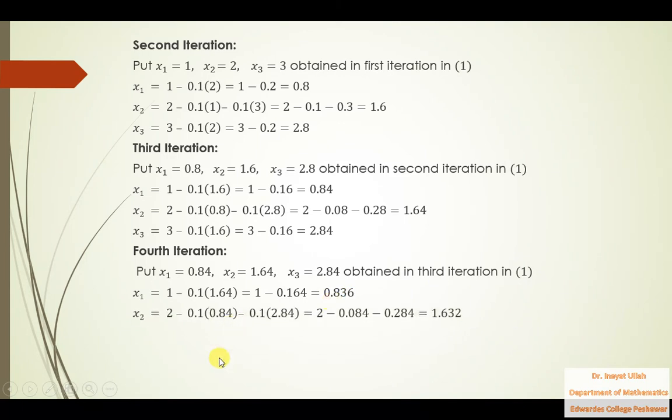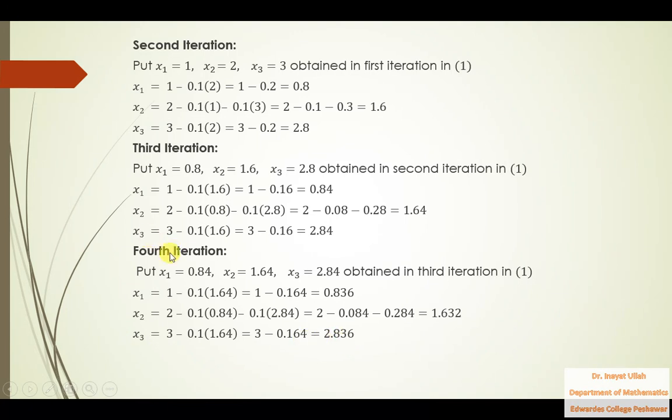In the second equation, x2 is equal to 2 minus 0.1 into x1 minus 0.1 into x3, but x1 is 0.84 and x3 is 2.84. Calculating this difference gives the new value of x2 as 1.632. And the third one is x3 is equal to 3 minus 0.1 into x2, but x2 is 1.64, and calculating this difference gives the new value of x3.